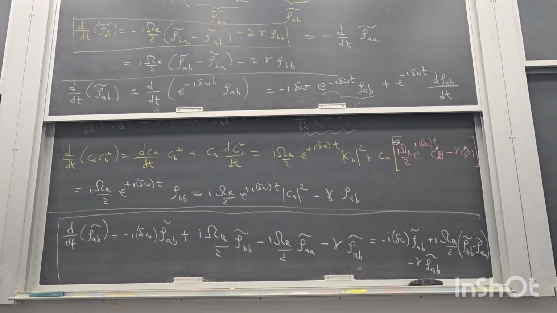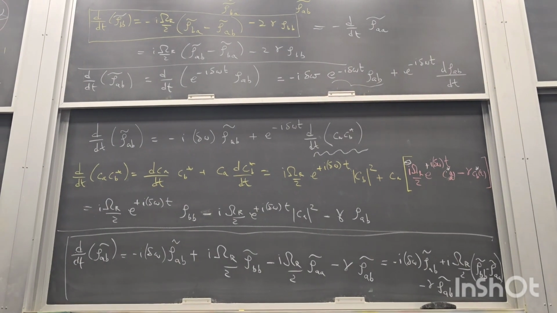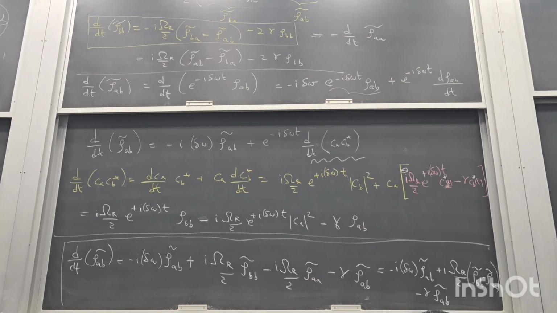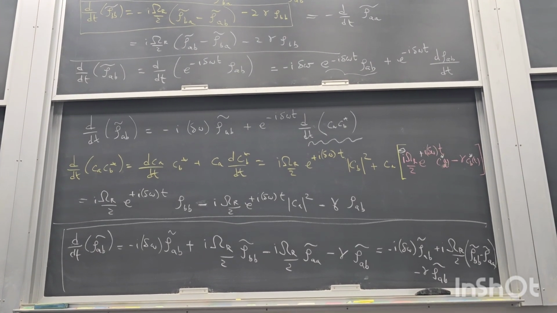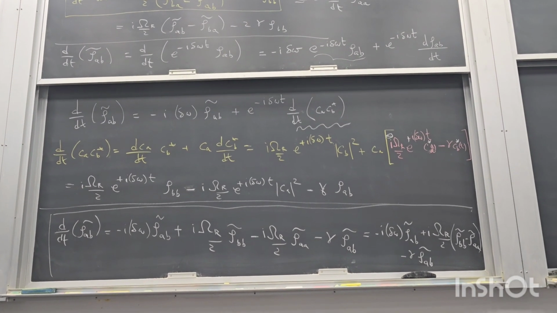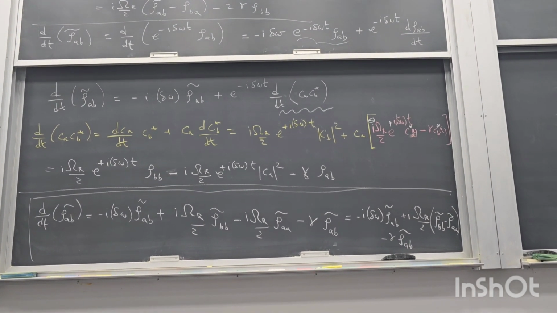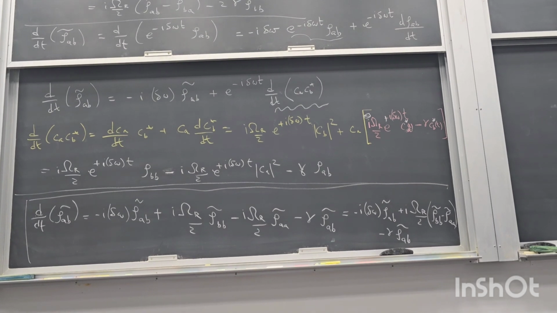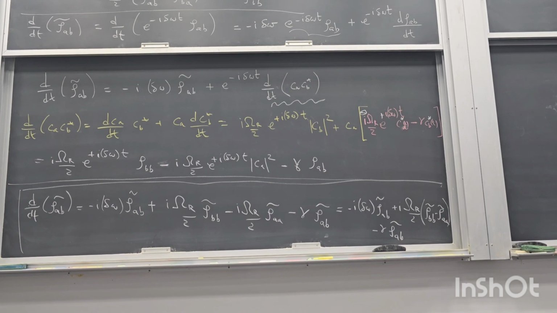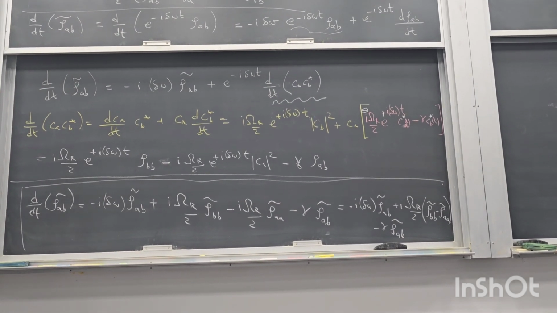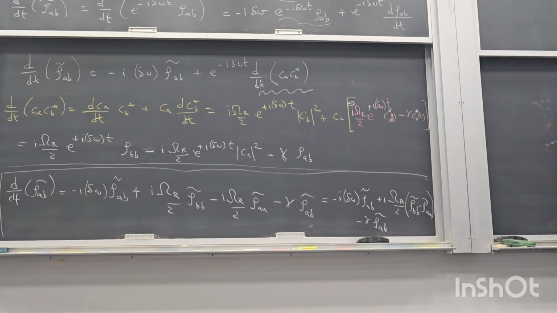So if I want to ease things out a little bit, and I want to see how different objects vary with time, I could make some simplification. I like to work with real numbers.